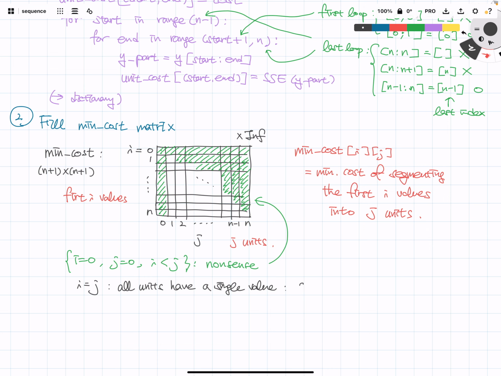So this is the SSE equals 0. The sum of all SSE for all units, the sum of SSE, which is the cost function, equals 0. So this will give you 0, 0, 0, 0, 0, 0 here. Okay?